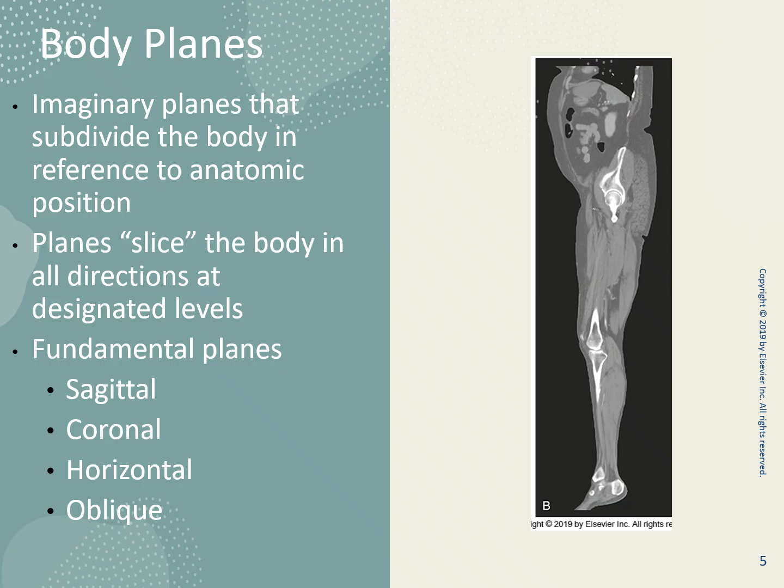I would like to correct them, but there's far more greater abuses of English going on than that. And then an oblique plane, I already established, is a rotation of any of the other planes. Okay? And so we'll see axial planes, which are horizontal planes that are rotated. And then we'll see conventional oblique planes, which is either the sagittal or the coronal plane, which is rotated.